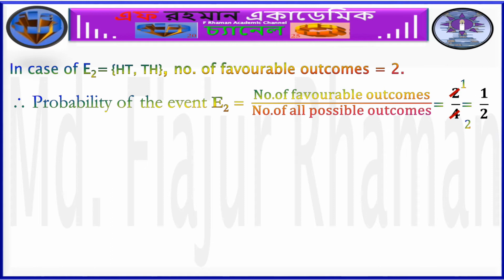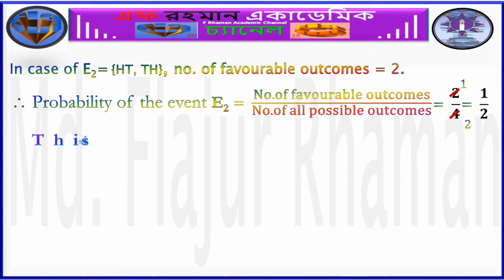In the event E2, there are two outcomes, HT and TH. Number of H's in both outcomes is 1. It is the least number of times in the throw of a coin twice. Also, the number of T in both outcomes is 1, which is the least number of times in the throw of a coin twice. Both outcomes have exactly 1 H and exactly 1 T in the throw of a coin twice.